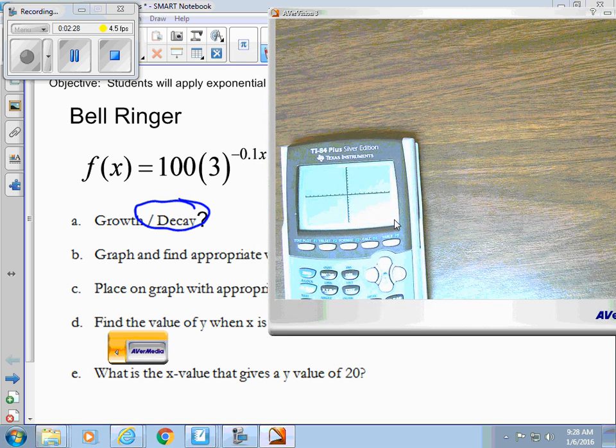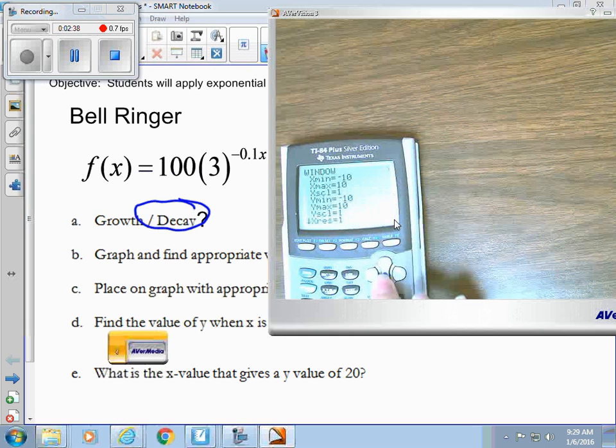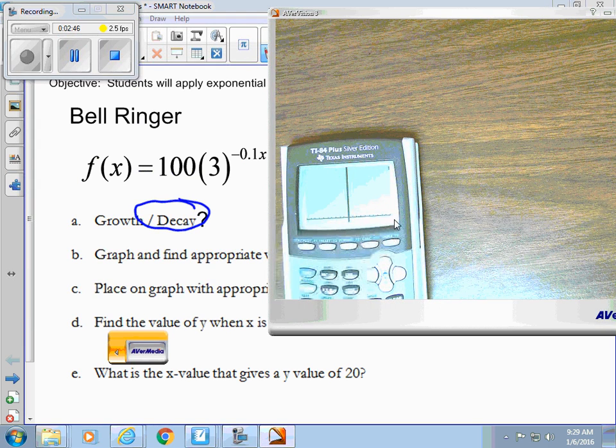That's the first point, and then it's going to do what? Drop. So I'm going to change my y max to be 110. It doesn't need to be a whole lot more than 100 because it's dropping, it's decaying. Okay, looks pretty good.